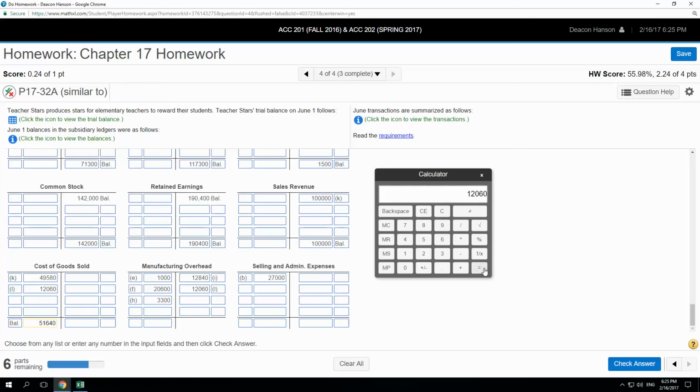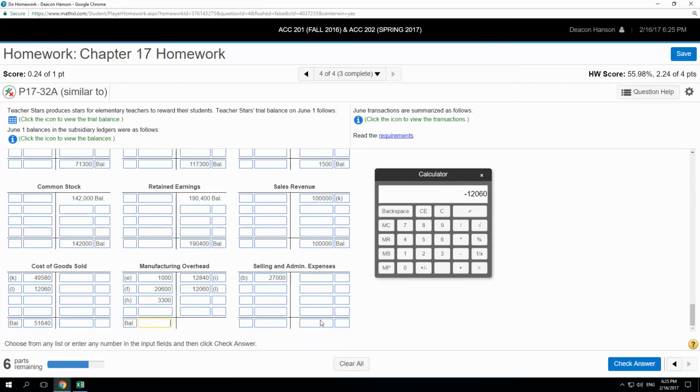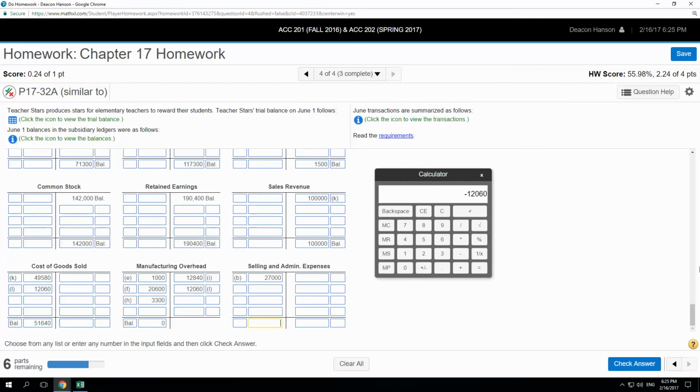Subtract credits from debits, and it should be 0, right? Because we did that entry to wipe it out. Mine, I double checked it, it's 0. And then selling and administrative expenses, we'll just pull that down. There's just one item.